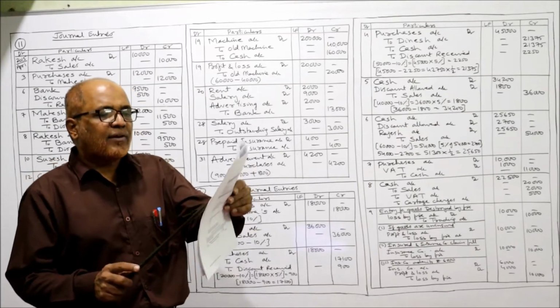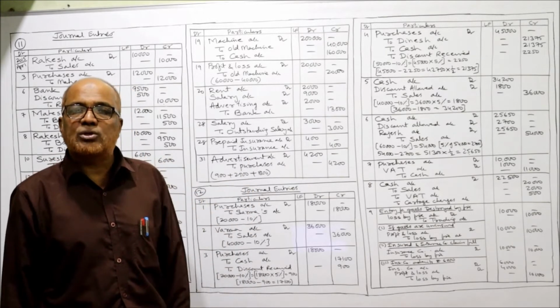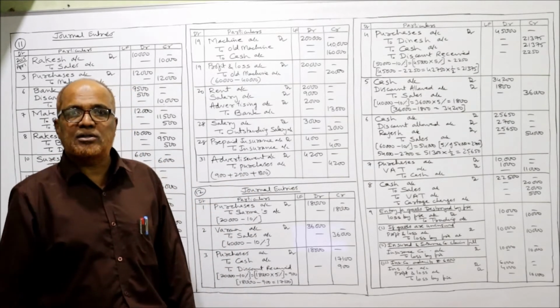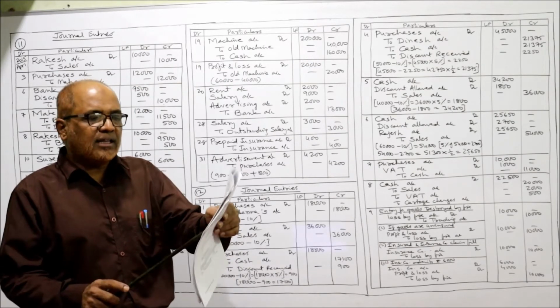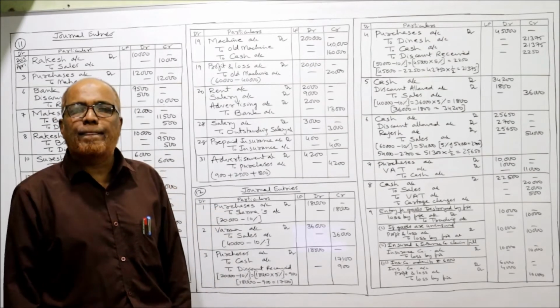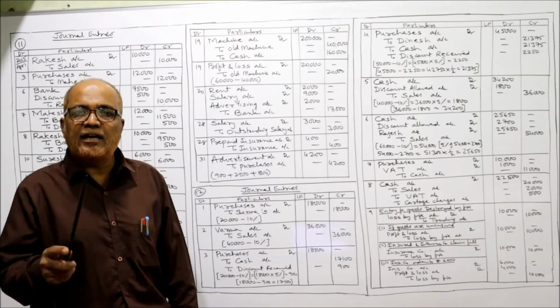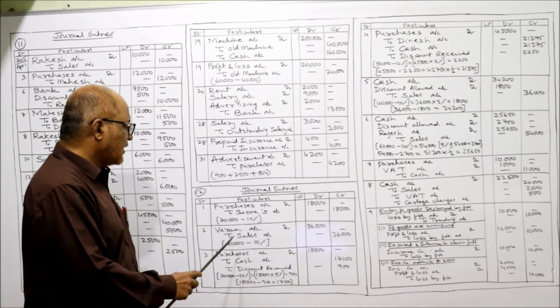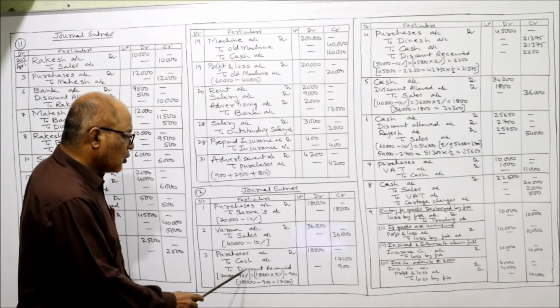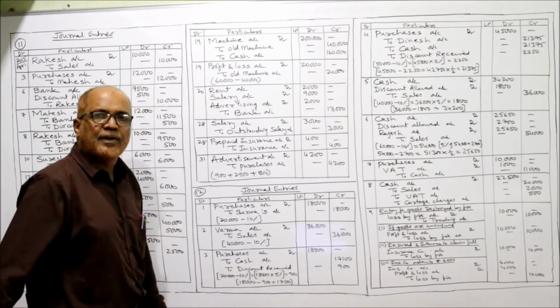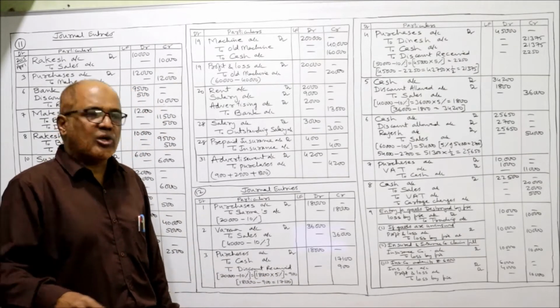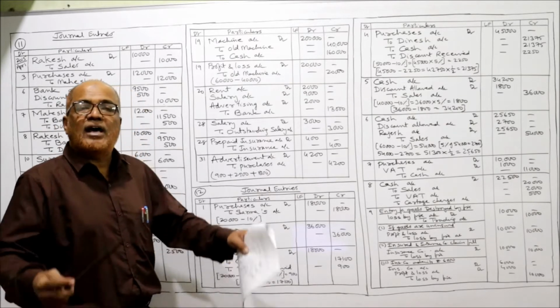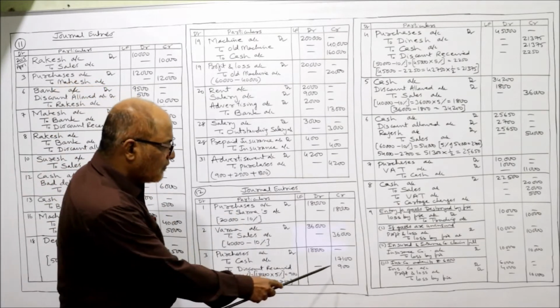Now it is saying 5% cash discount. Cash discount will be recorded in the entry. So 18,000 into 5% is 900, the cash discount. So we credit discount received 900. Actually we have purchased the goods for 18,000 and we are getting a cash discount of 900.